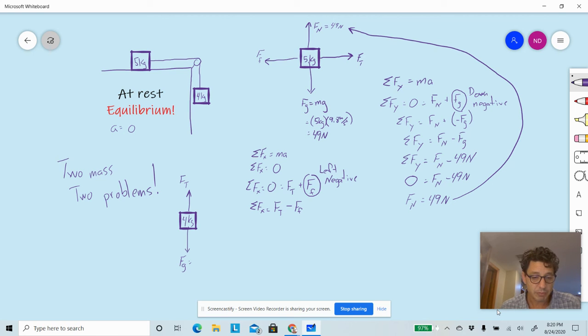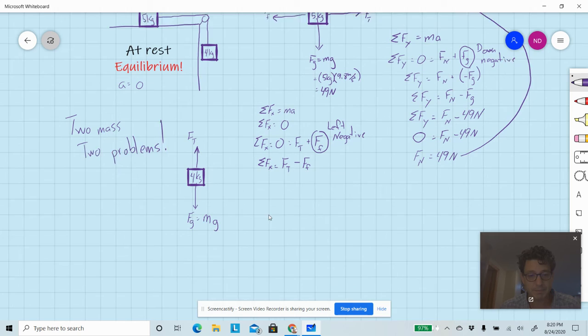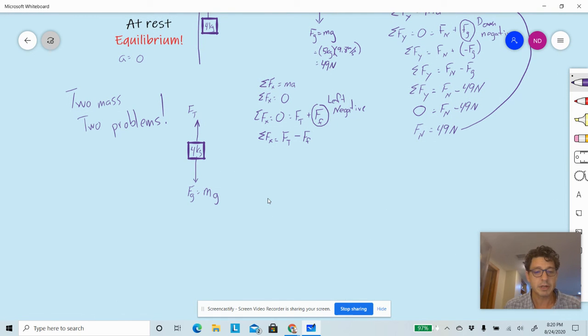Again, the force of Earth pulling down is mass times the acceleration of gravity, which is going to be, I'm just going to scroll this up a little bit. All right, 4 kilograms multiplied by 9.8 meters per second squared. 4 times 9.8 is 39.2 newtons.